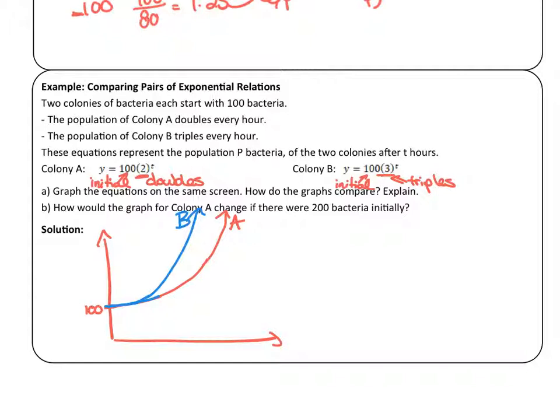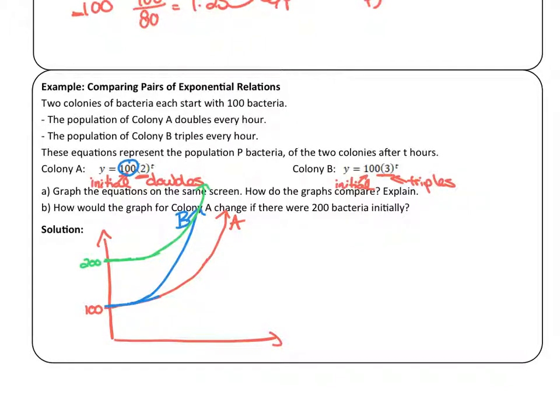How would your graph for colony A change if it were 200 bacteria initially? You can change that on Desmos, just change this 100 to a 200. And I'll do this in green, but it'll start up here at 200. And it will take the exact same shape.